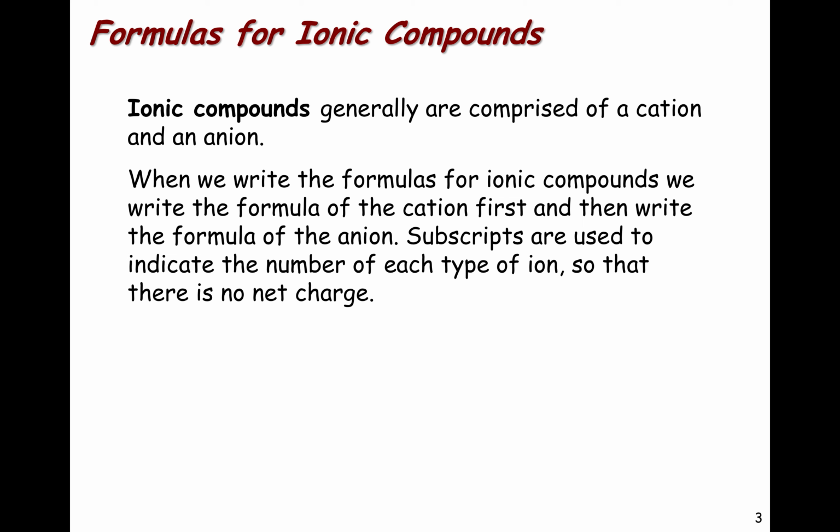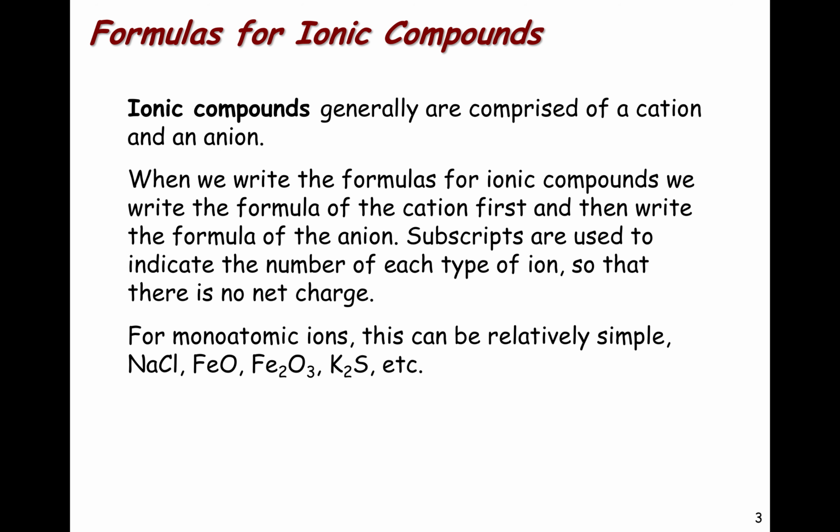This is relatively straightforward when there are monoatomic cations and anions in the formula. So, for example, we could see formulas such as NaCl, where there's 1 sodium and 1 chlorine in the formula. This is the so-called formula unit, and this is repeated many times in the solid.